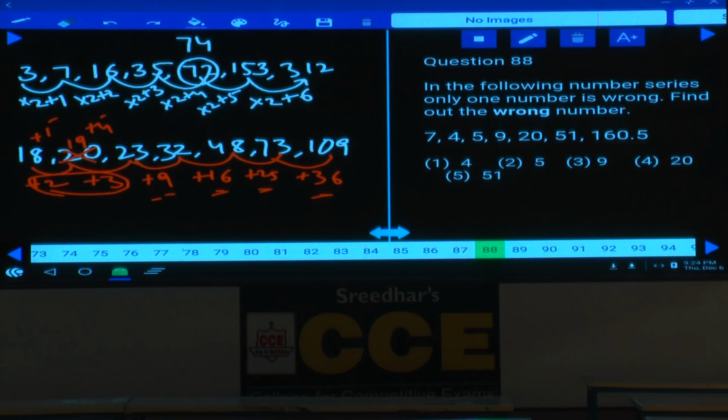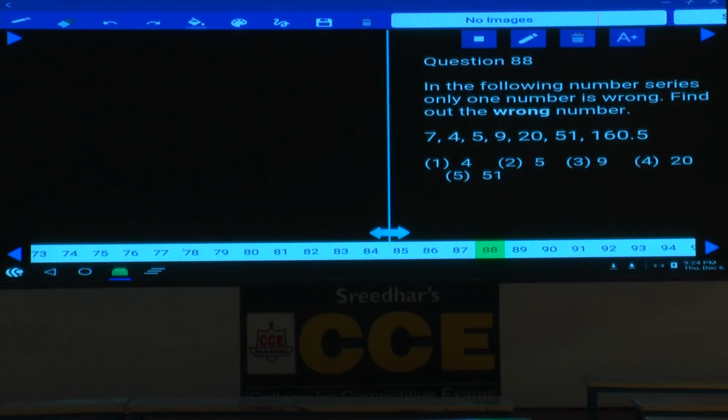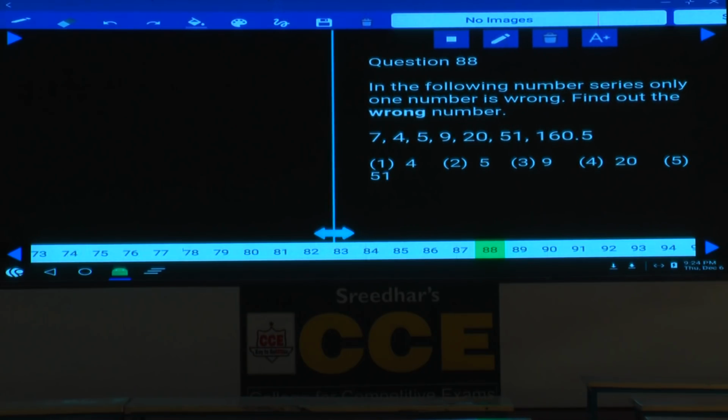Then question number 88: 7, 4, 5 and so on. Again 51 to 160.5, the numbers are increasing. Now 7, 4, 5, next one is 9, 20, 51, next to 51 is 160.5.